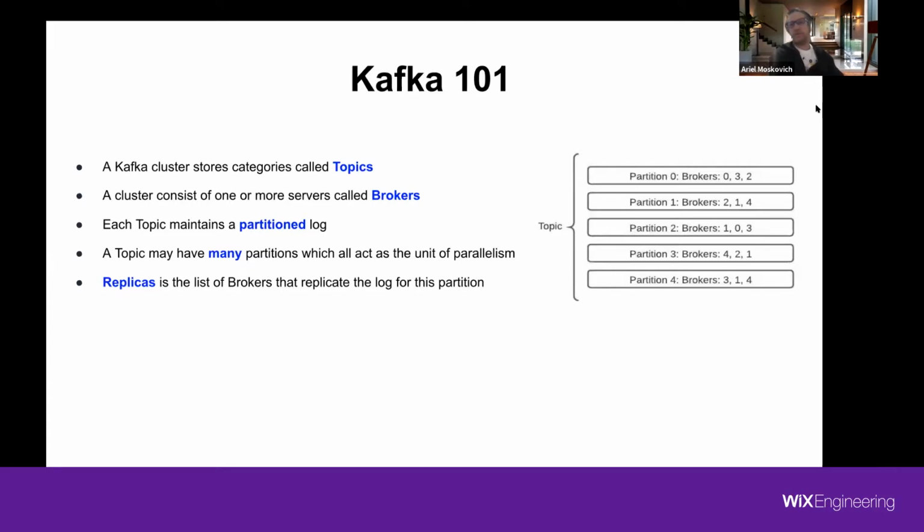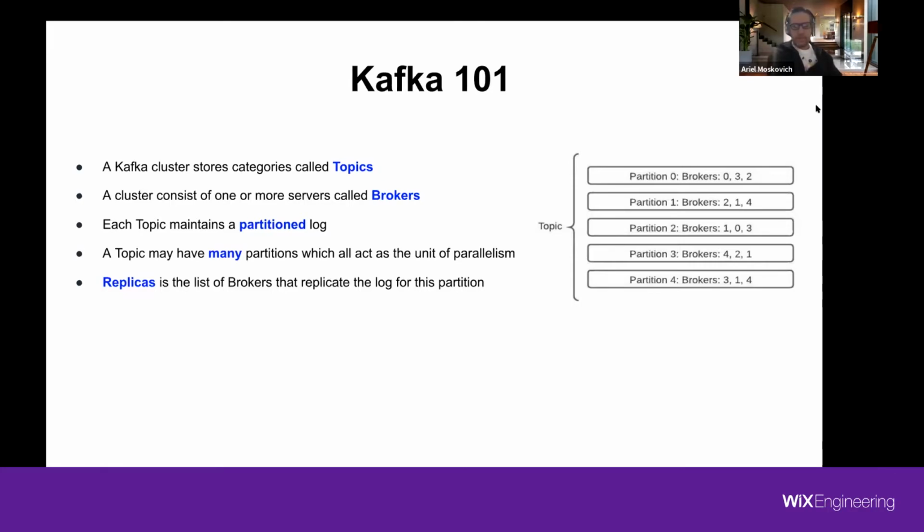Partition 0 in that case is populated by broker IDs 0, 3, and 2. Partition 1 by brokers 2, 1, and 4, and so on. And each one of those partitions is a file on a node.